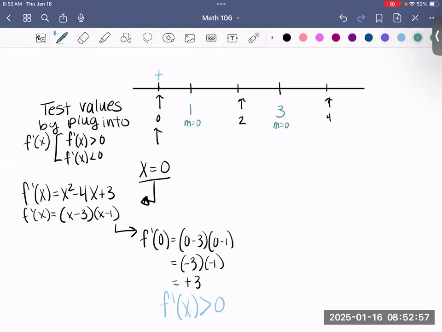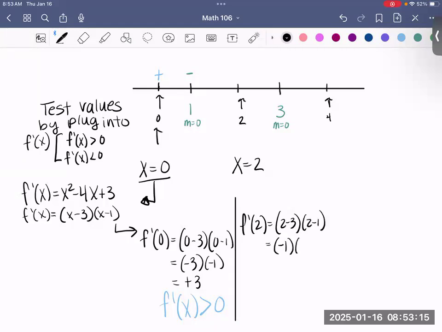So we have a positive. We then flatten out here, and we're going to do it again when x is equal to 2. So same thing. When your first derivative, we're going to insert a 2, 2 minus 3, 2 minus 1. So we're left with negative 1 times 2. So negative 2. So if it's negative, that means your first derivative is less than 0. So we are decreasing.